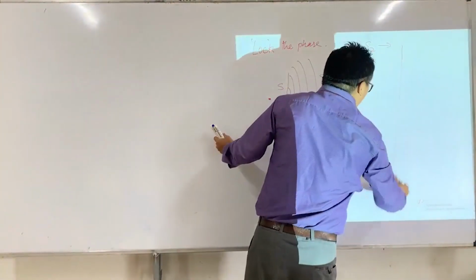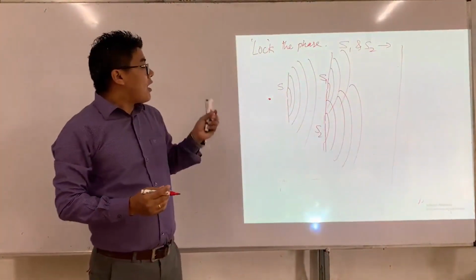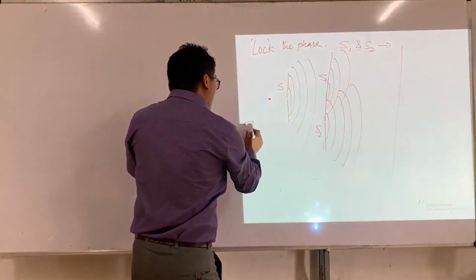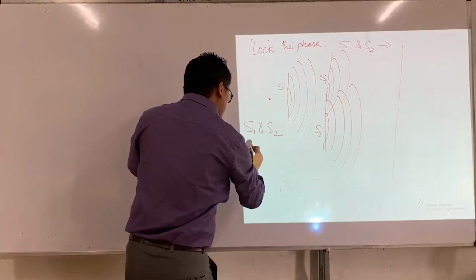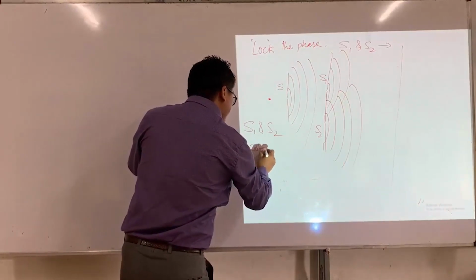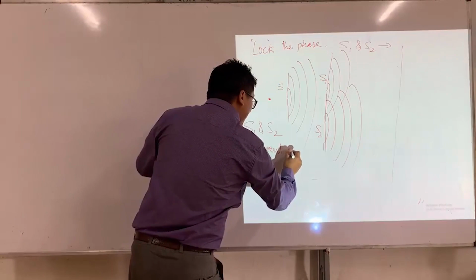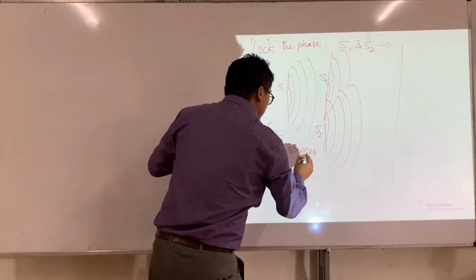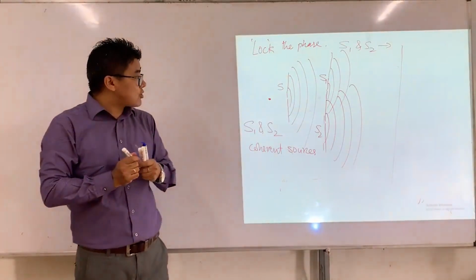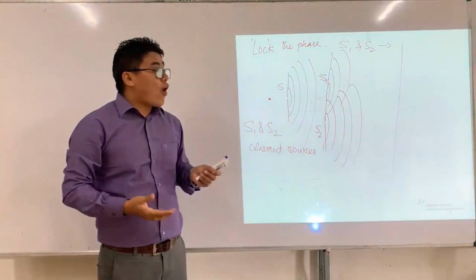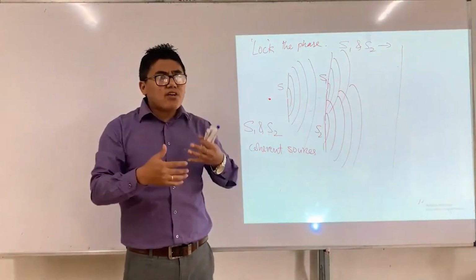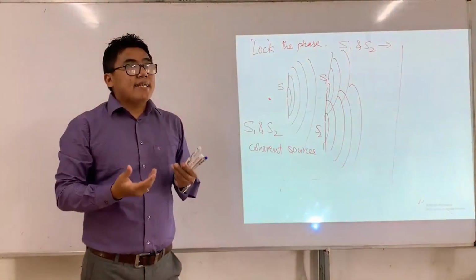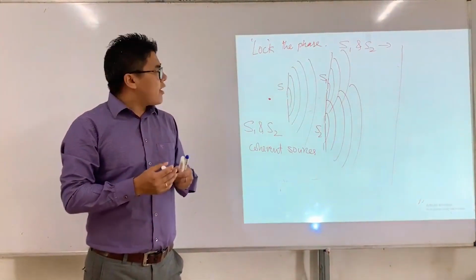Now you allow the light to fall on a screen. Since S1 and S2 are now coherent sources, the light from S1 and S2 interferes on the screen, and we get interference fringes.